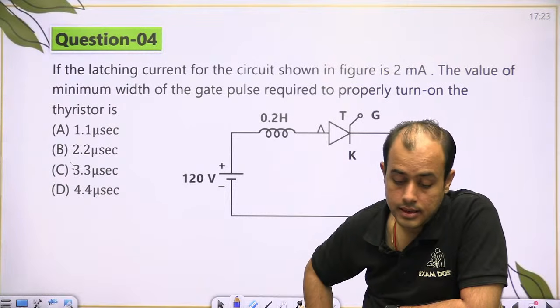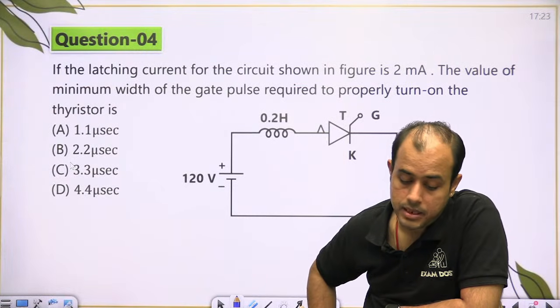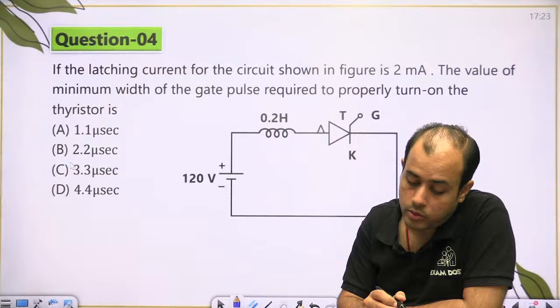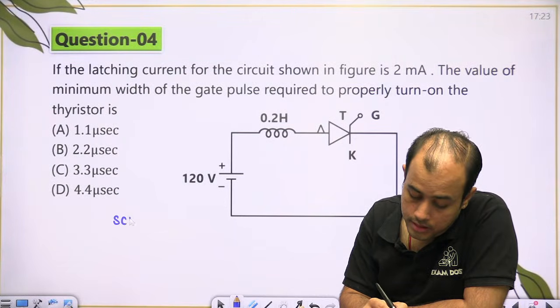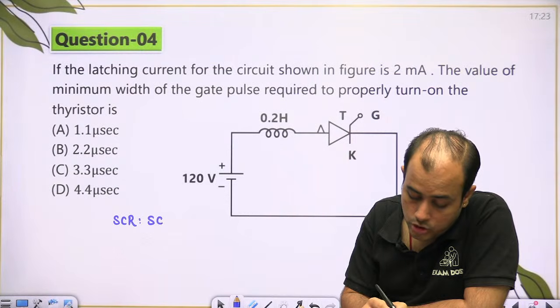Okay. Latching current is 2 milliampere. Minimum gate pulse width. अभी ऐसा ही क्वेश्चन हमने देखा ना. तो SCR is assumed to be short circuit.